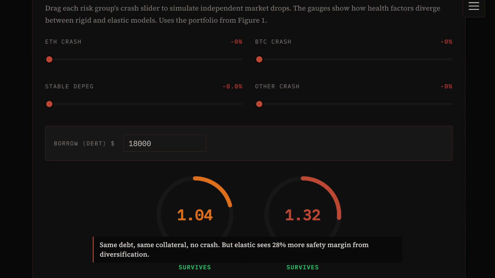Let's say in this instance I borrow $18,000. Both models tell me the position is safe, but the safety margins are very different. You can see the rigid is 1.04, while the elastic health factor is 1.32, which is more comfortable than the rigid. Thereby, the elastic borrowing power has more headroom because the portfolio is diversified.